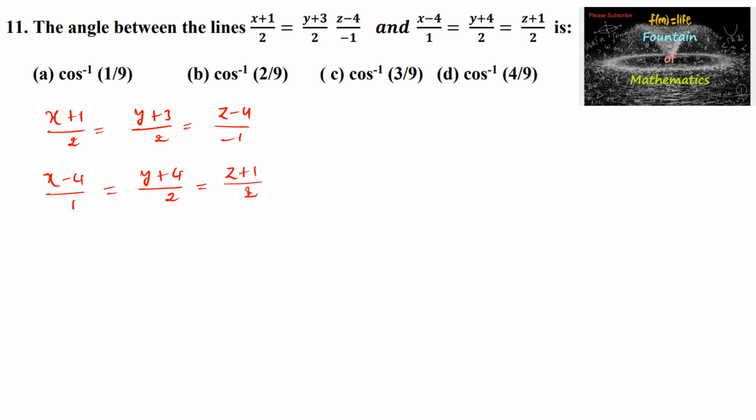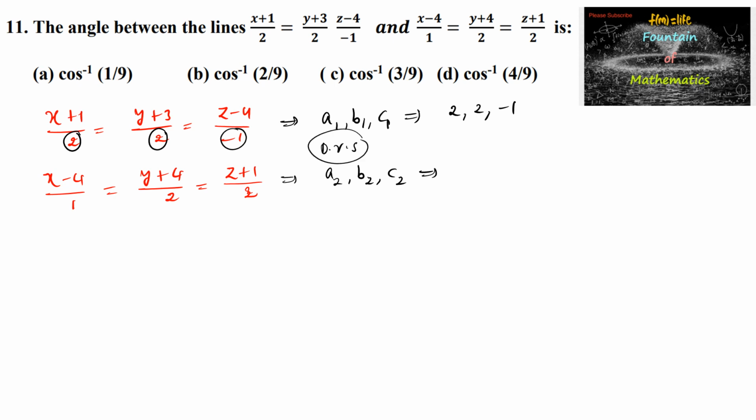So we can say that the direction ratios of the first line, let us consider a1, b1, c1, are 2, 2 and minus 1. And for the second line, let us consider a2, b2 and c2, the direction ratios as 1, 2, 2.